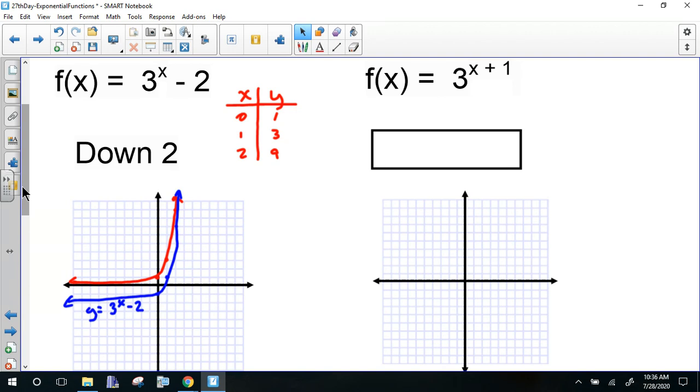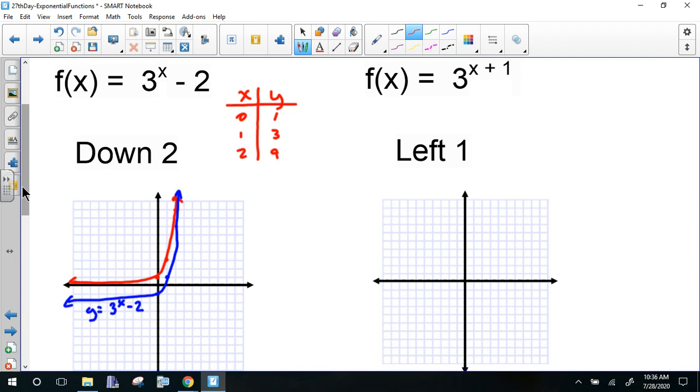If the number is added or subtracted in the exponent, that moves it left or right. This one will move left 1. So I'm going to graph 3 to the x again. And I'm going to move each of those points to the left 1 because I have plus 1.